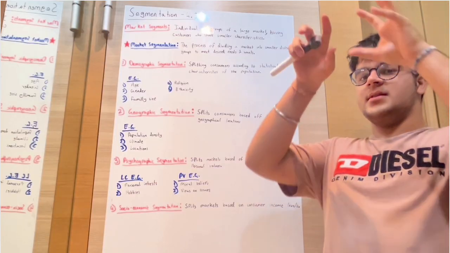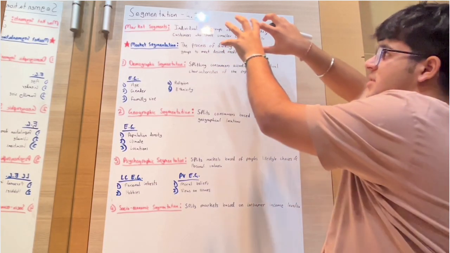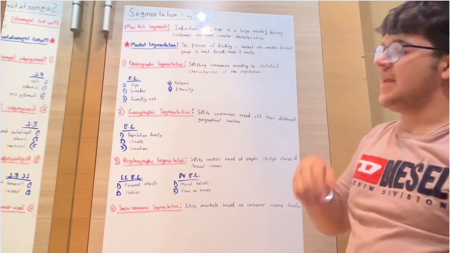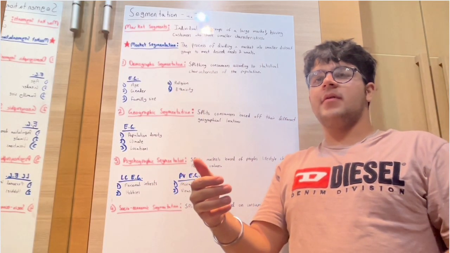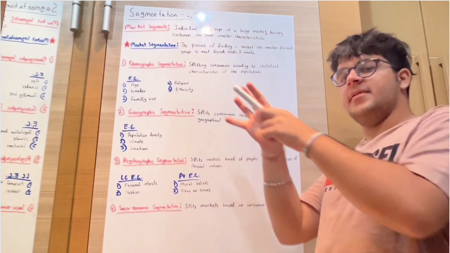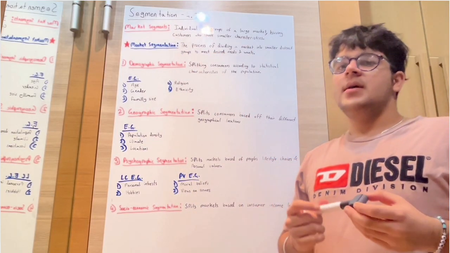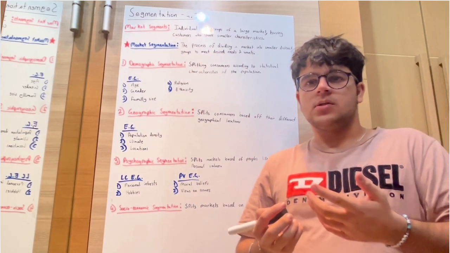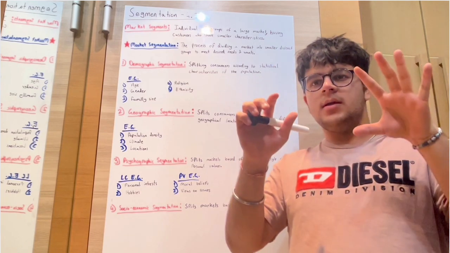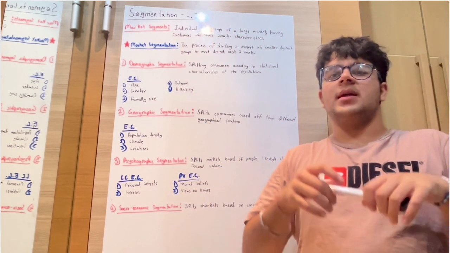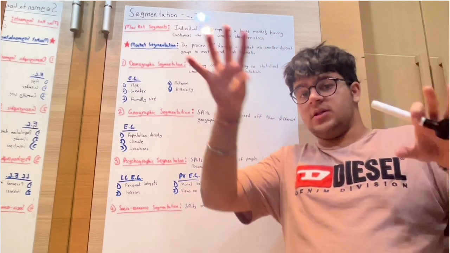The market segment is the actual individual groups, but the act of making these different groups is what you call market segmentation. This is the process of dividing your market into smaller, distinct groups to meet the desired needs and wants of each.